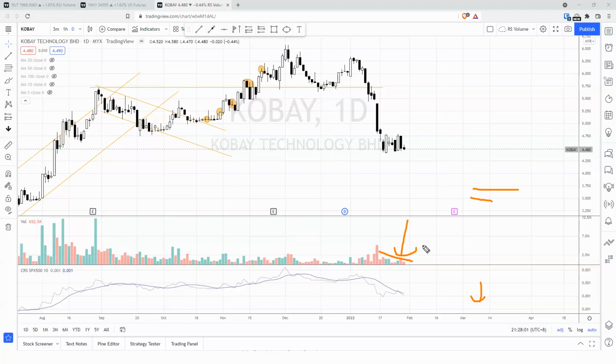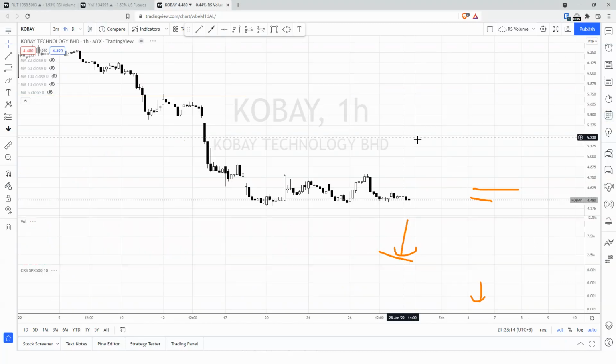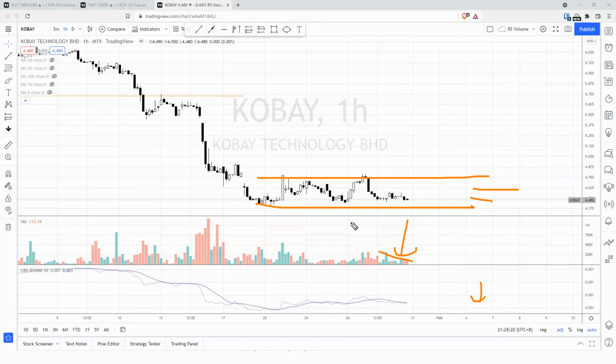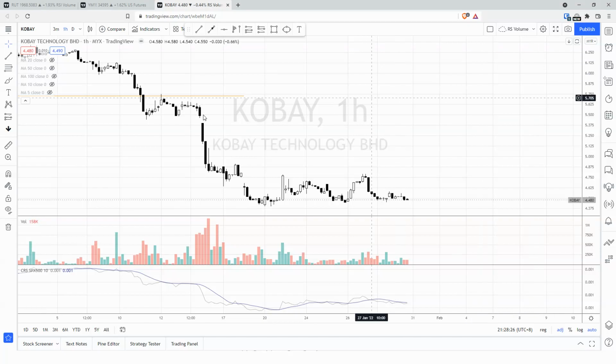So I would prefer to trade stocks like GREATEC that actually show there is presence of demand. I think that will be better. Otherwise, this is generally range trading, buy low, sell high. There's no issue, no problem, as long as you have your stop. And given that if the overall market is bullish, then I think it should do the job. So yeah, it's up to you.